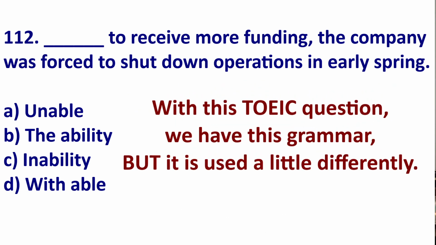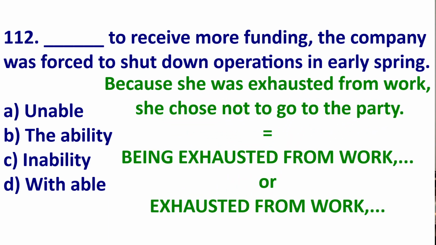Well, in this TOEIC question, we actually have a reduced adverb phrase of reason, but it's used a little bit differently. Let's look at this example. So, because she was exhausted from work, she chose not to go to the party. Same subject, she. We can take out because, we can take out she, and turn was into being, ing.